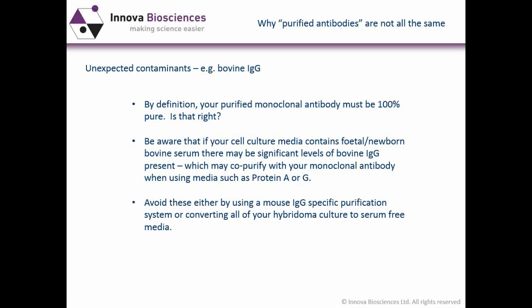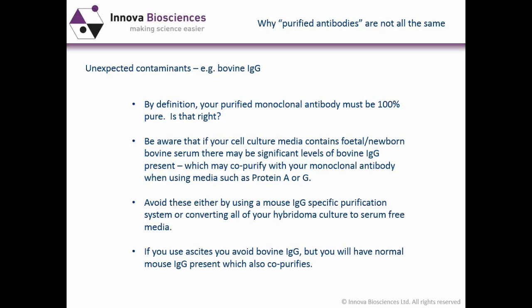That's a step that some of you will realize is not maybe as straightforward as it might be. I'd also just like to mention that if you use ascites, obviously you avoid the presence of any bovine IgG, but you will have normal mouse IgG present, which also co-purifies on a protein A or G column. So these are just some of the things that you need to be aware of when you're thinking about purification.